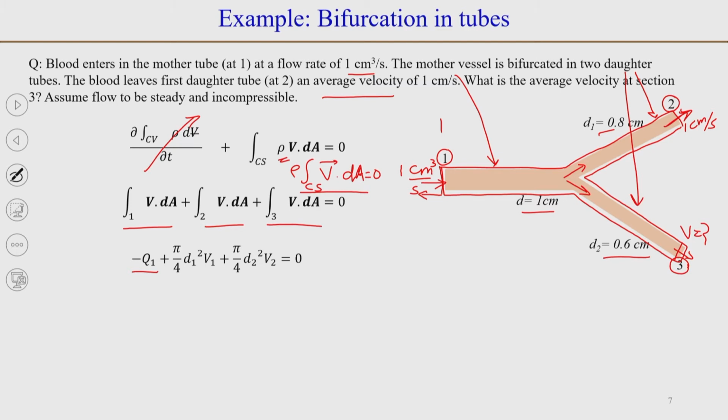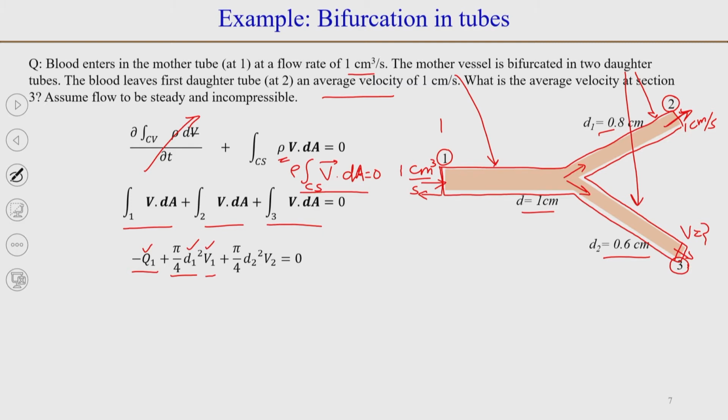So, V dot dA will be positive, the area will be pi by 4 d1 squared, and the mean velocity there is V1, which is equal to 1 centimeter per second. So, we know V1, we know Q1, we know D1.